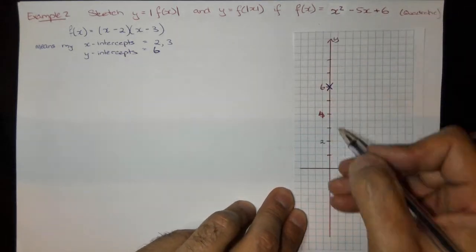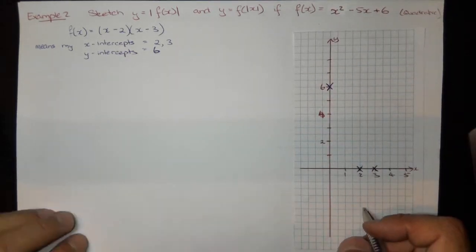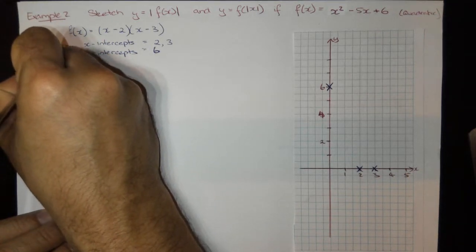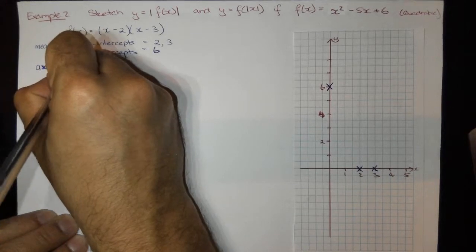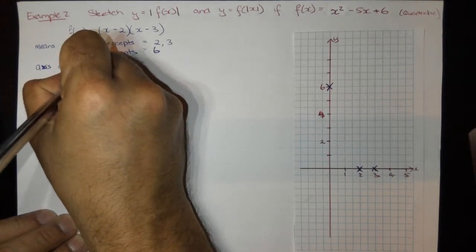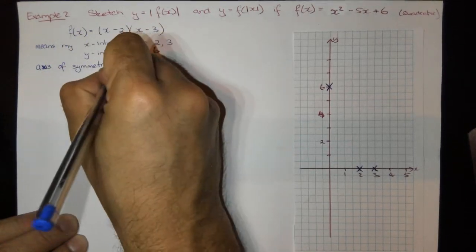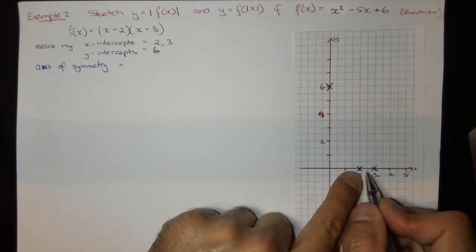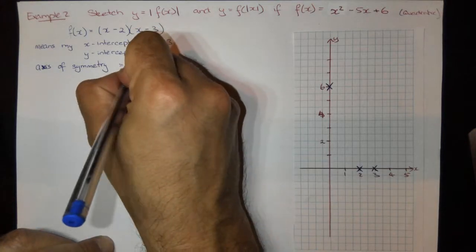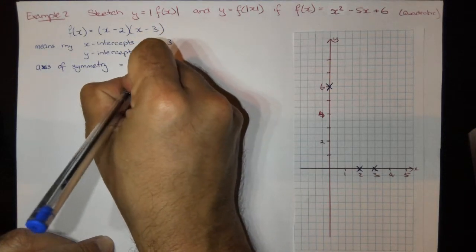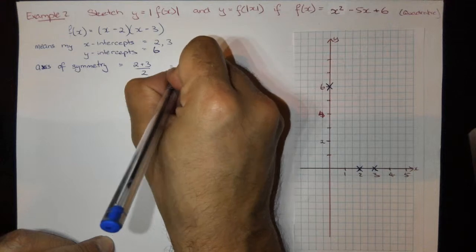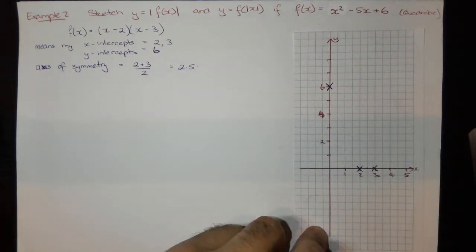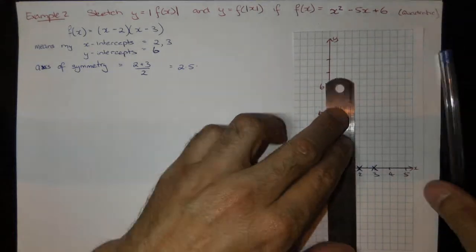I know it's a positive parabola, so it will go like this. I want to do my axis of symmetry, and the axis of symmetry will be the average of your two x-intercepts. So 2 plus 3, divided by 2, is 2.5. So here's my axis of symmetry. I'm just going to draw it with a pencil.